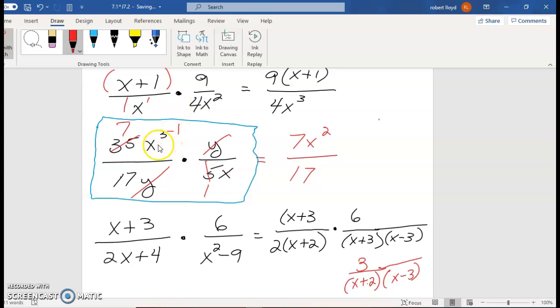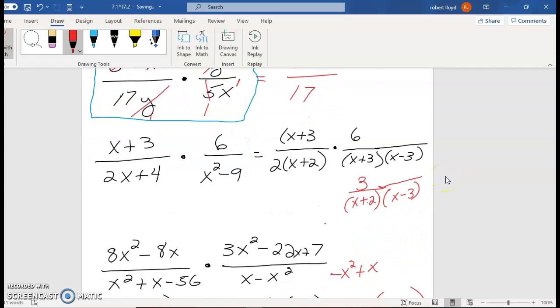And then the x is common in the numerator and denominator. So this is to the first power, that's to the third. We're dividing, so we subtract. So we have 7 times x squared. And for our denominator, all we're left with is 17 times 1 times 1 is 17.